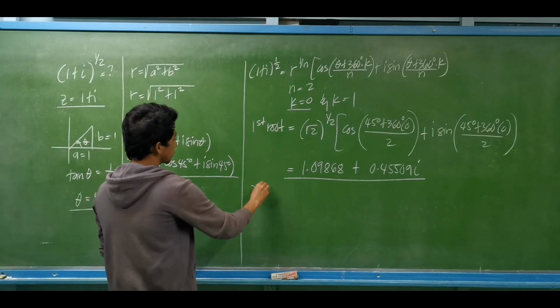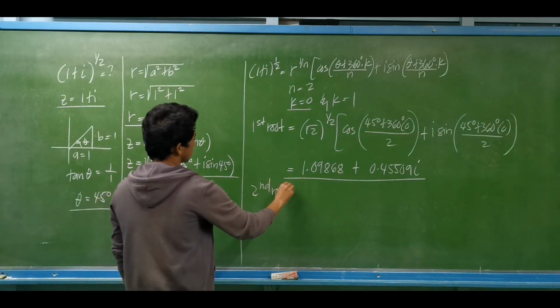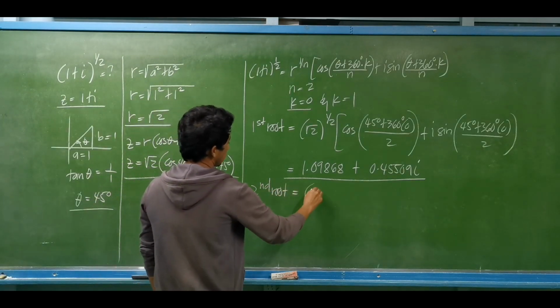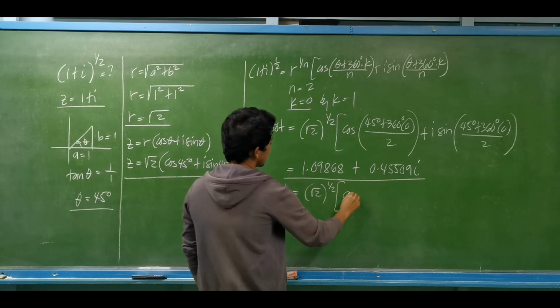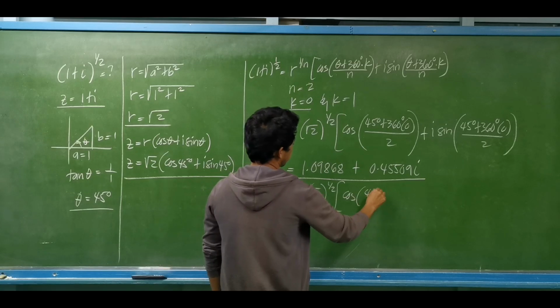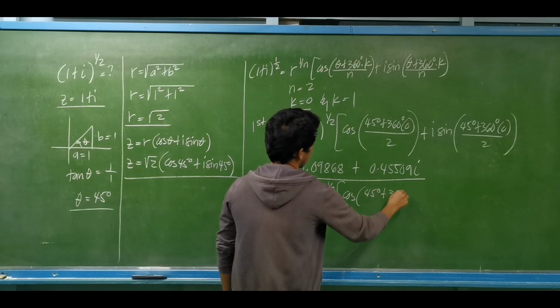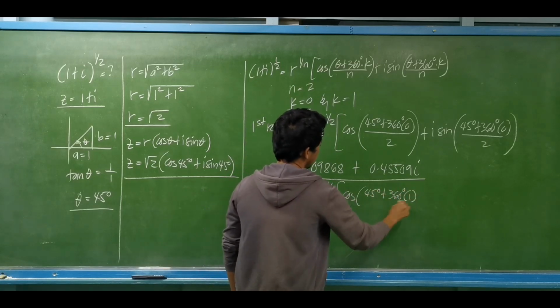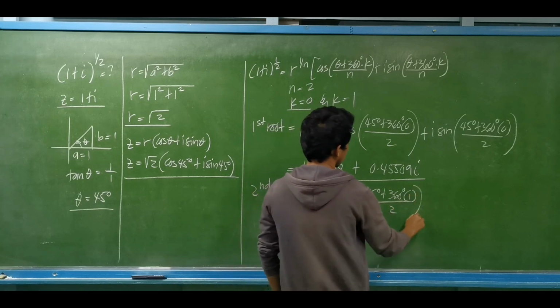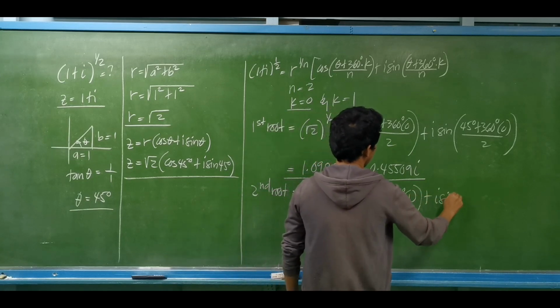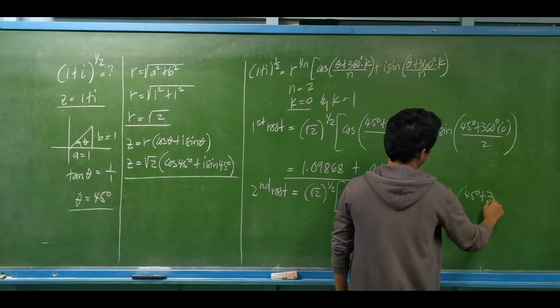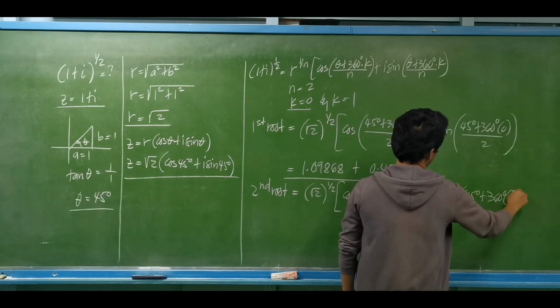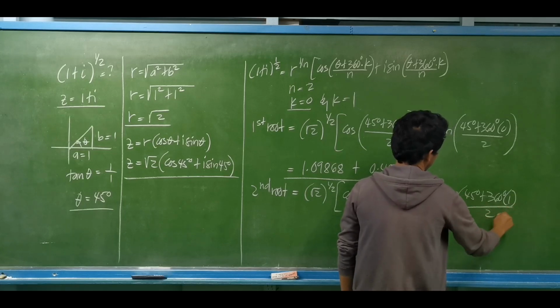So for the second root, we have the square root of 2 raised to 1 half multiplied by the cosine of 45 degrees plus 360 degrees multiplied by 1, divided by 2, plus i, the sine of 45 degrees plus 360 degrees multiplied by 1, divided by 2.